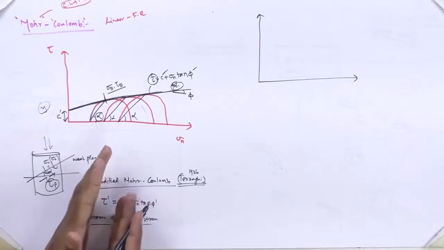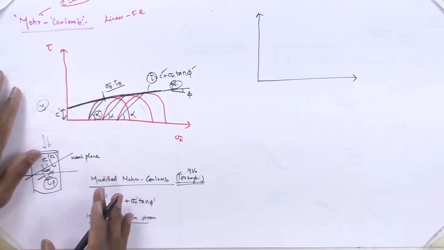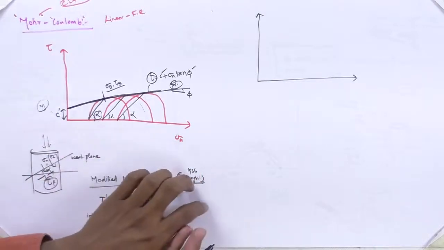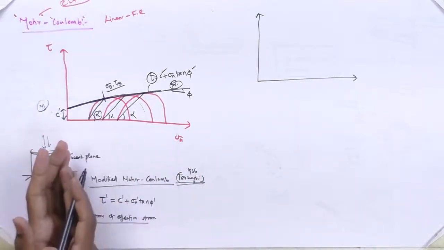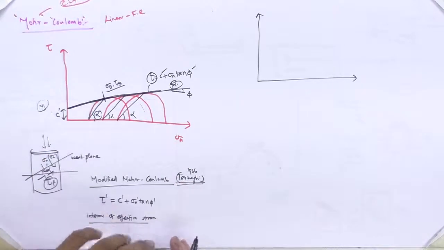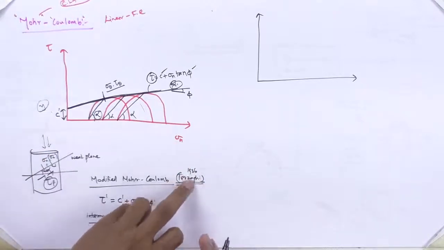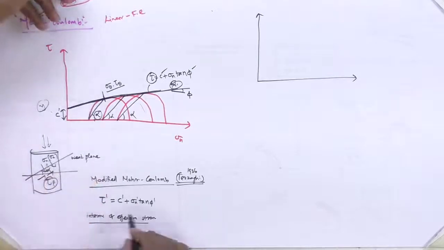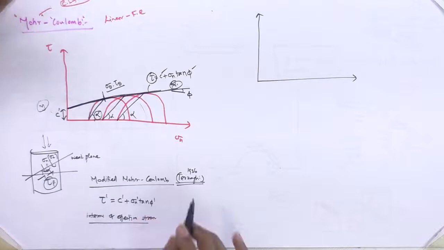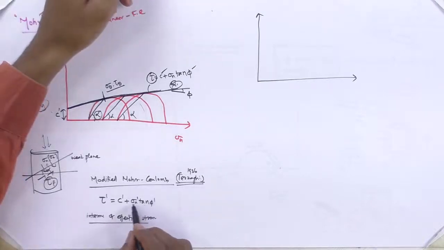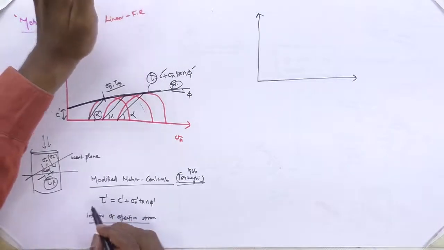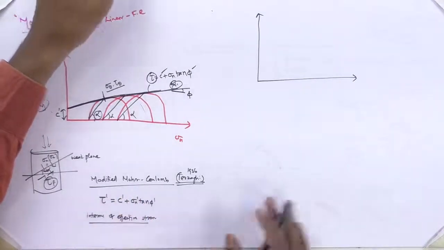So total stress analysis is not actually taking place in the sample, that is what Terzaghi told. We have to always consider the effective stress concept. Since 1936 we have been following this in terms of effective stresses. So tau dash equals C dash plus sigma n dash tan phi dash, where C and phi are in terms of effective stresses, and tau dash is the shear strength in terms of effective stress.